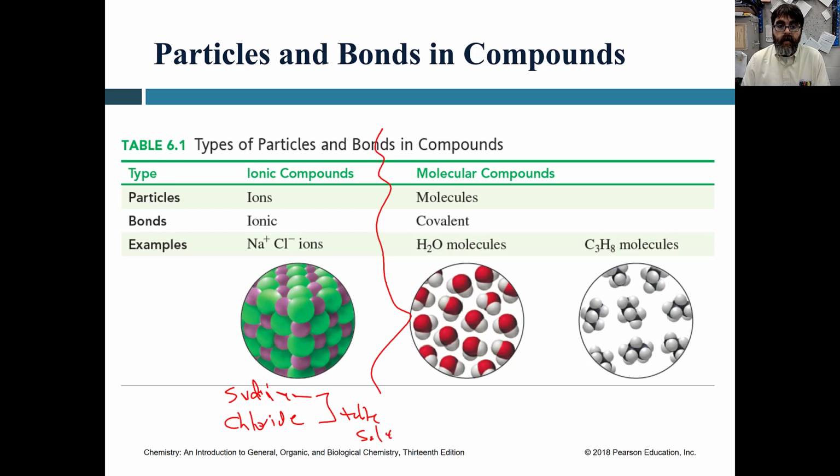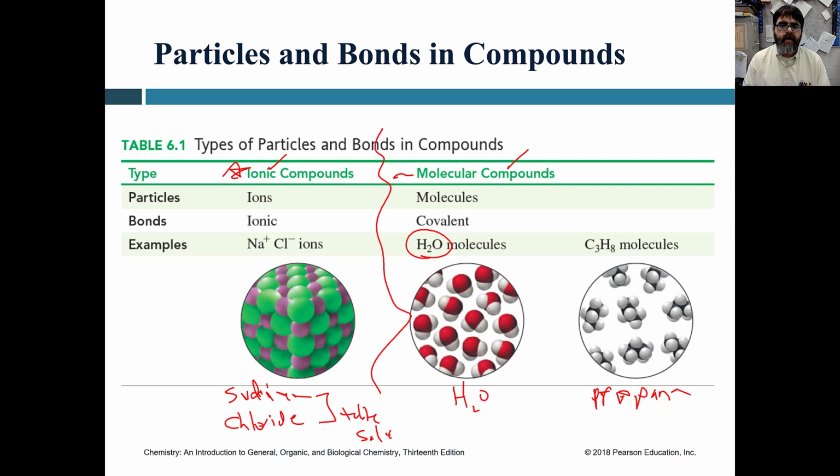The classic example of a covalent molecule is water, H2O. This one here is propane. And you may ask yourself, why do they have 2 examples of this one and only 1 example of that one? Part of it just has to do with how common they are, that we will work with more ionic compounds in this course, and yet there's probably more molecular compounds in the world, especially considering that if you go on to take 111 or any kind of organic chemistry, it's all about molecules and not about ions for the most part.